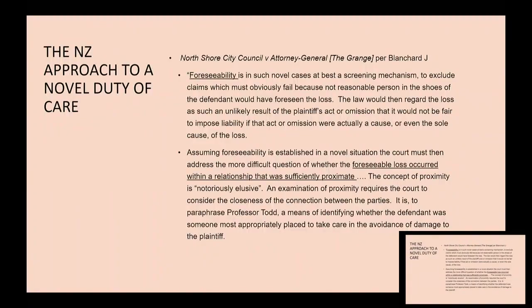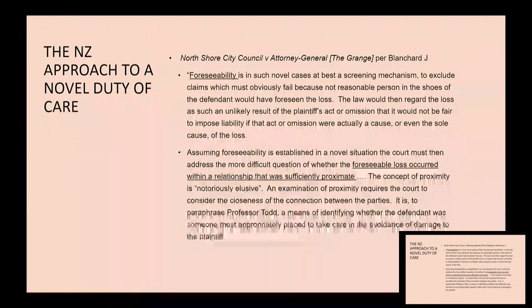Now, once you've established foreseeability, you then move to that more difficult question of whether the foreseeable loss occurred within a relationship that was sufficiently proximate. So this concept of proximity is notoriously elusive. I have some students come up to me in the past and say it feels like proximity is virtually meaningless.